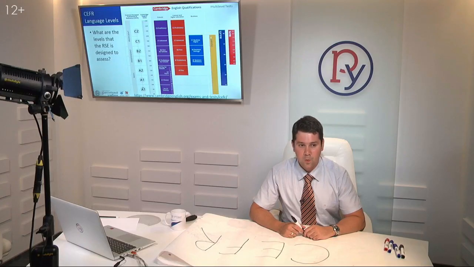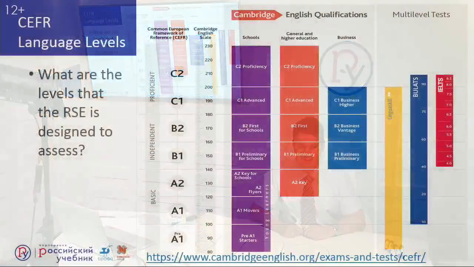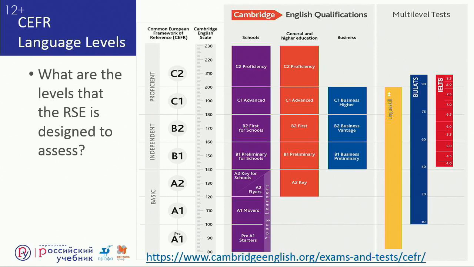But let's start with a question. What are the levels that the Russian state exam is designed to assess? What levels of English does the Russian state exam assess? Here I have Cambridge exams in my slide, different exams designed for both general English and business English.